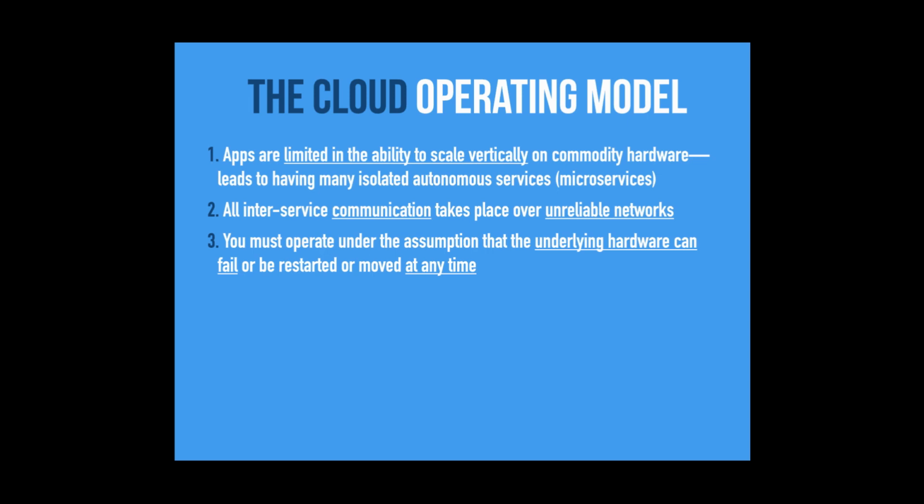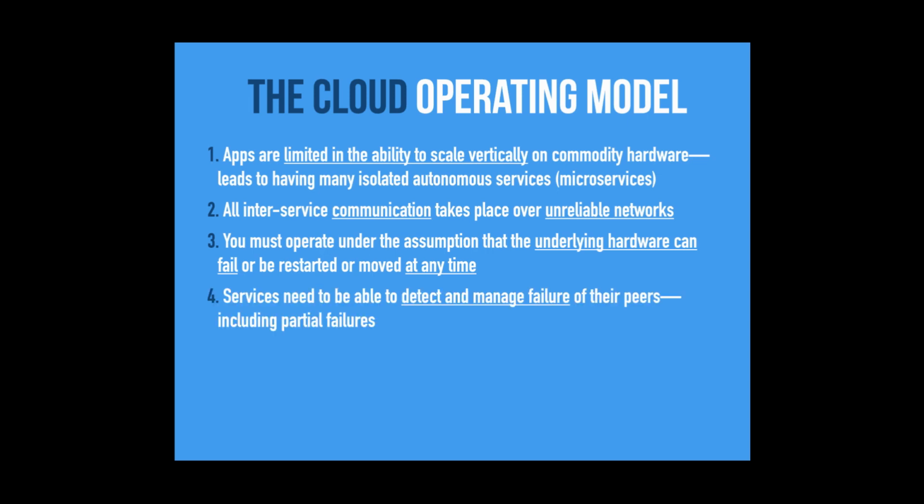It's also a fact that you need to always operate under the assumption that the underlying hardware can fail at any time, or it might not fail, but it might be restarted by the backend cloud provider or moved around. And all this affects how you design systems to cope with that, to feel like that's something natural.